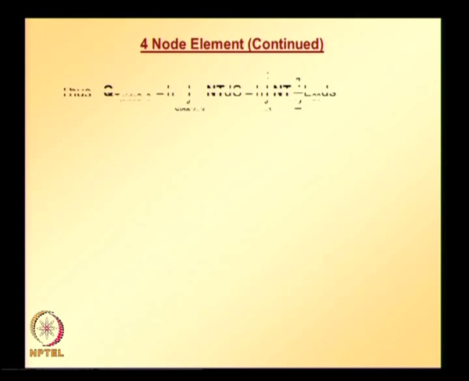So, we can now easily evaluate numerically by changing the limits of integration. Once we have this Jacobian, once we obtain the relationship between d capital S and d small s, we can change the limits of integration and adopt numerical integration if required. If the tractions applied are constant, then we do not need numerical integration, we can do the integrations in closed form.